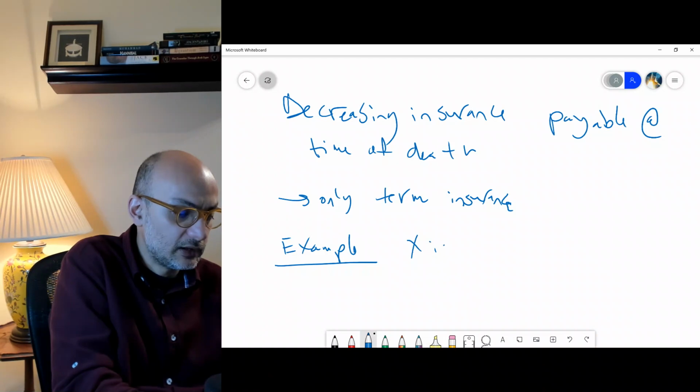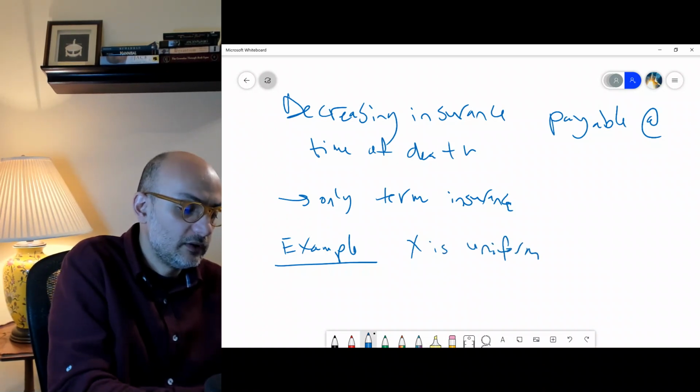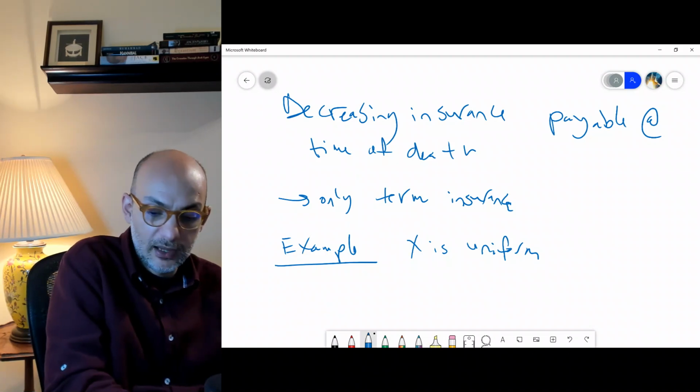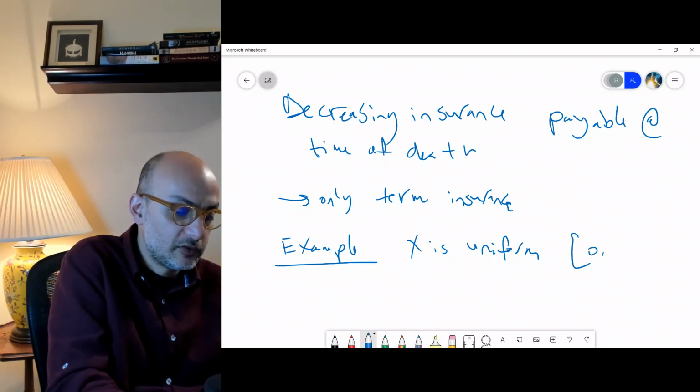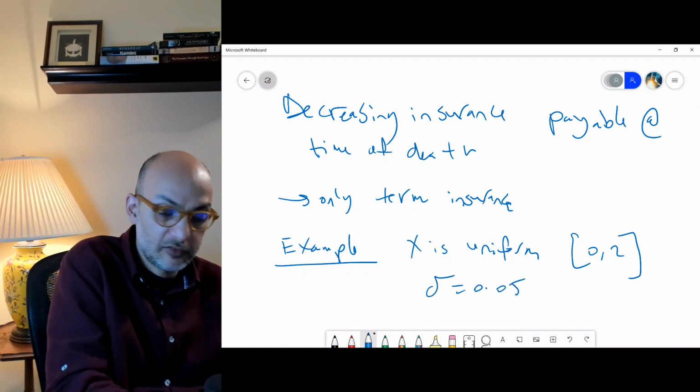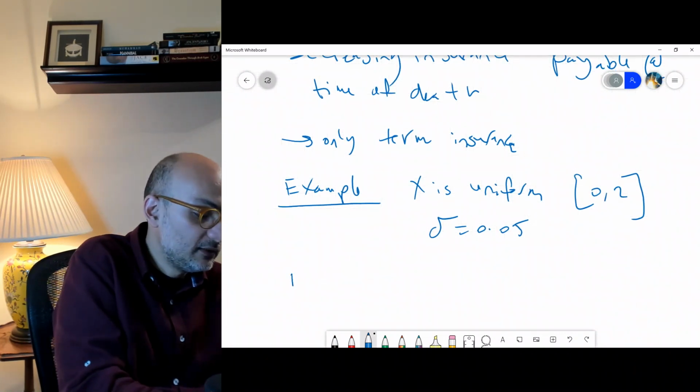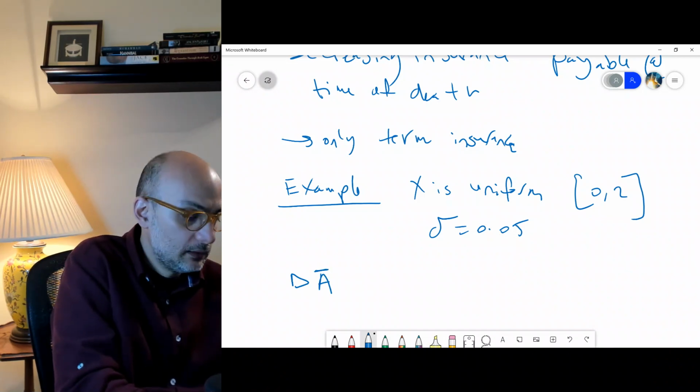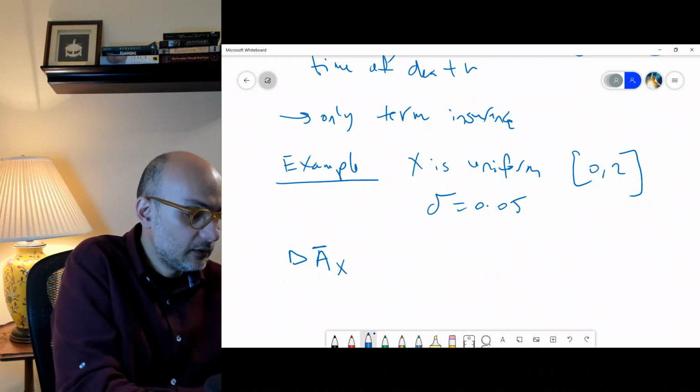X is uniform, let's say the remaining lifetime is uniform on 0 to 2. We have delta 0.5%. So we want to find DA of X.